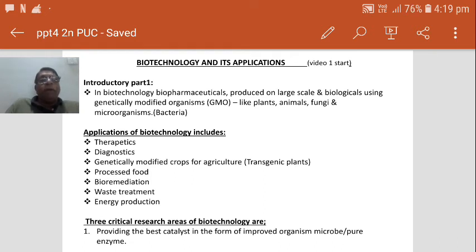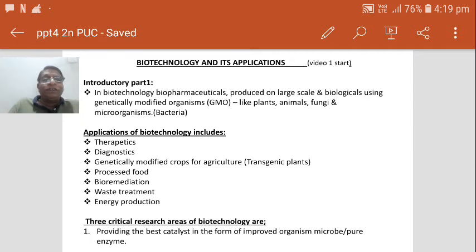Say for example, BT cotton is there. In BT cotton, we introduce the bacterial gene into the cotton plant. If you grow the cotton plant, we need not spray the insecticide or the pesticide. BT brinjal is there. BT corn is there.